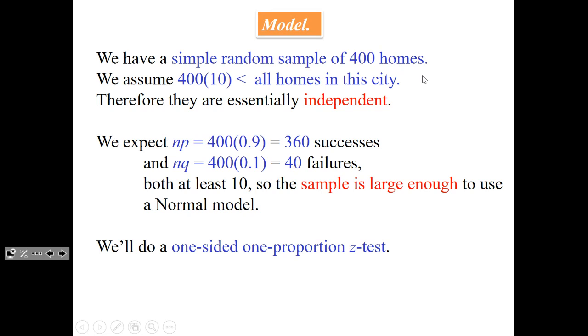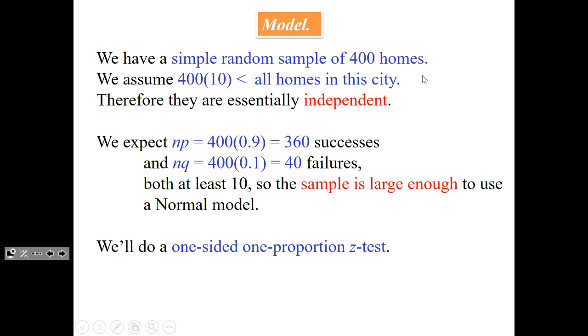Now, first thing was, it said we had a random sample of 400 homes. So we've met our randomization condition. We assume 400 times 10 would be 4,000. As long as that's less than all homes in the city, we meet our second condition, so we've met our assumption of independence. One home is relatively independent of another.